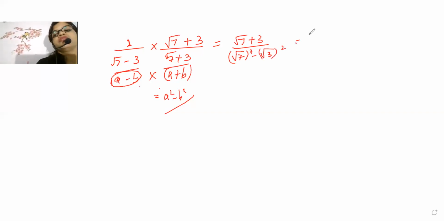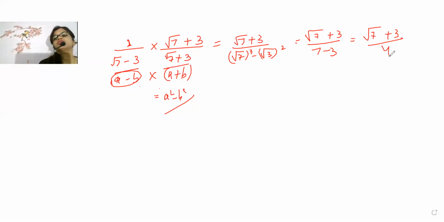So the numerator is root 7 plus 3 and here it will become 7 minus 3. Here it is only 3, beta, so this 3 square will become 9. So 7 minus 9 is minus 2.